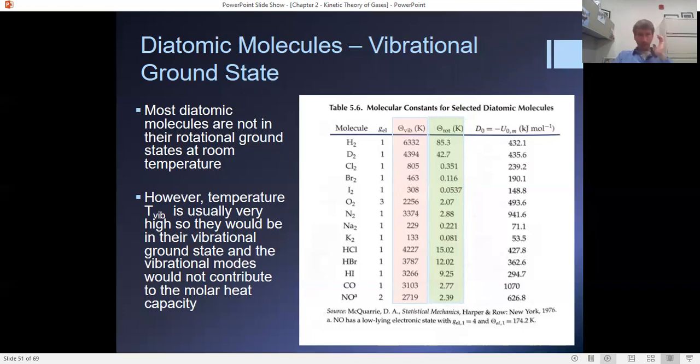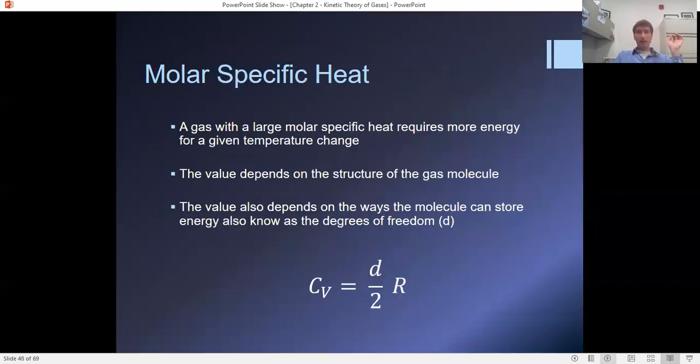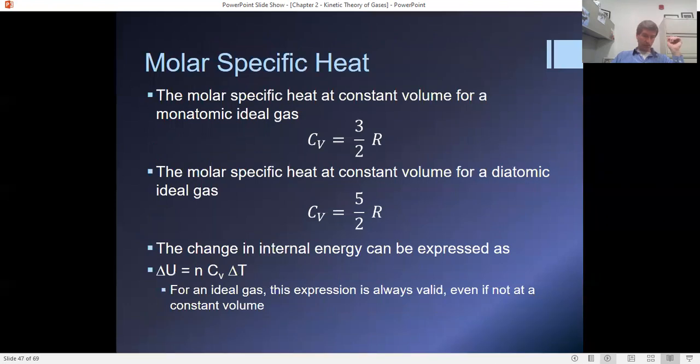So again, going back, in most cases, for the molar specific heat, a monatomic gas is going to be 3/2 R. There's no vibrational modes because there's just one atom sitting there.